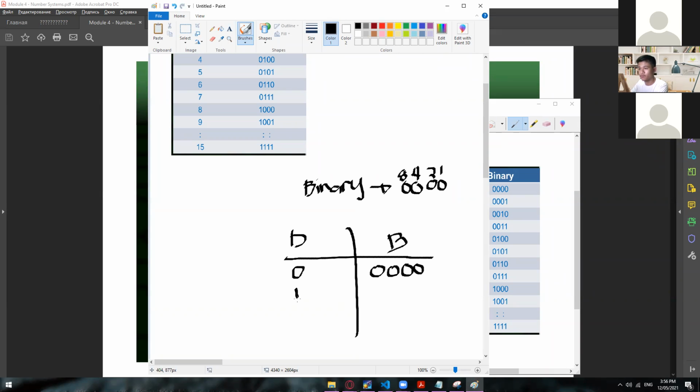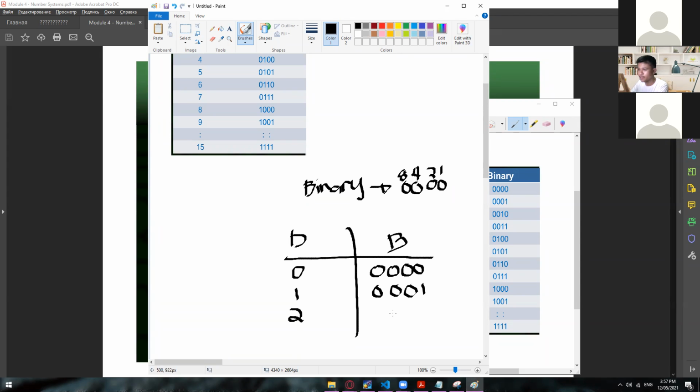For example, if we have 1 right here, the equivalent of this 1 in binary would be 0, 0, 0, 1. So that's how we got the value.